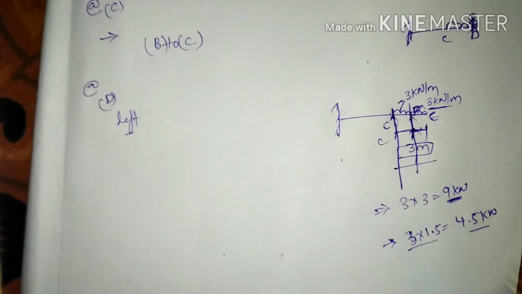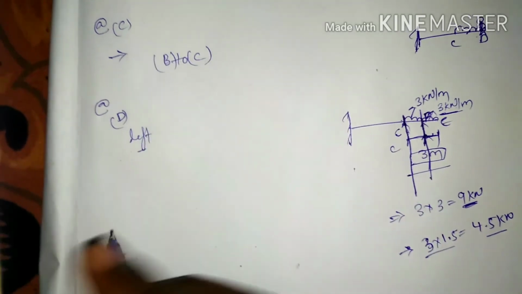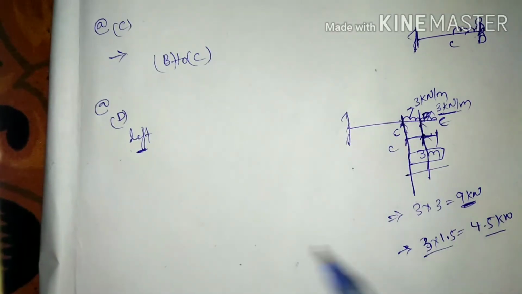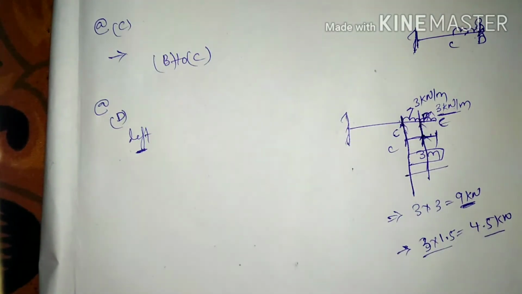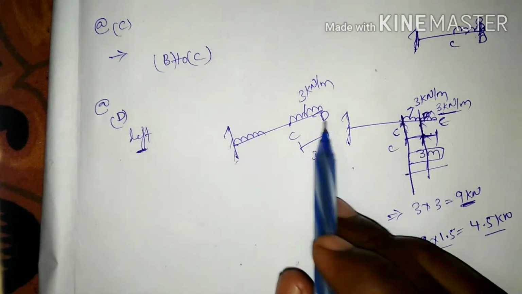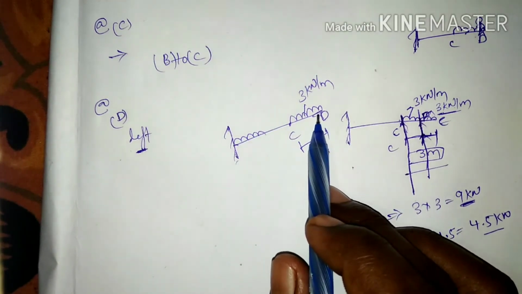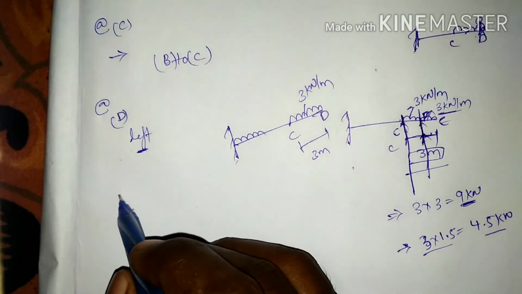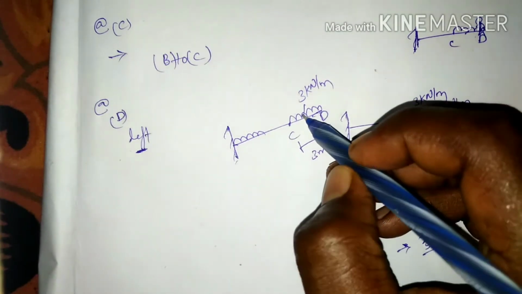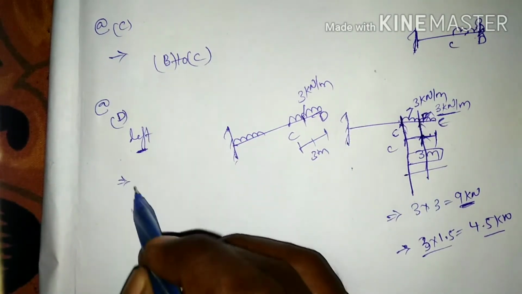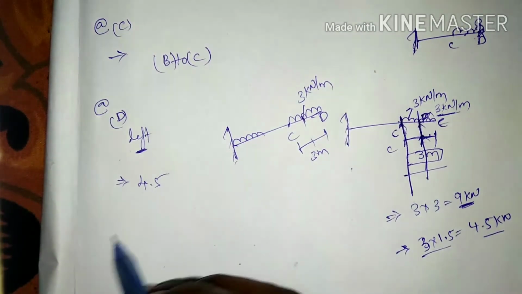Here in the same manner, shear force at D to the left side is going to decrease the value, so I am going to consider the midspan of the beam for convenience, that is at the midspan the value is 4.5.